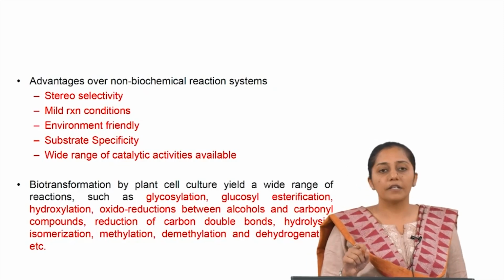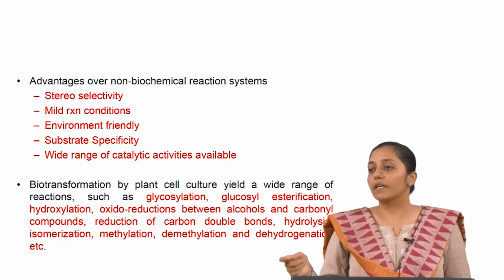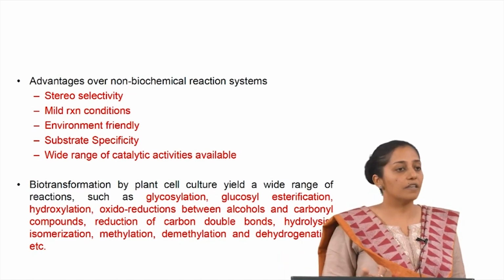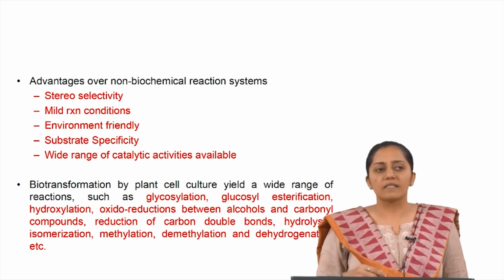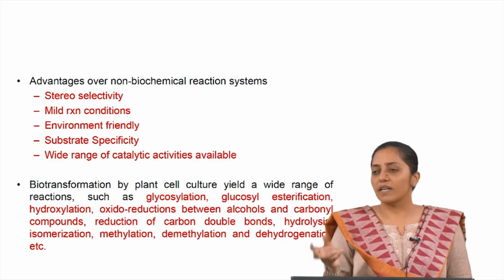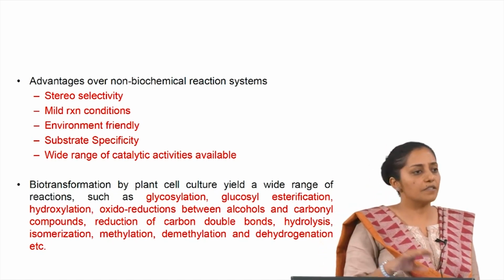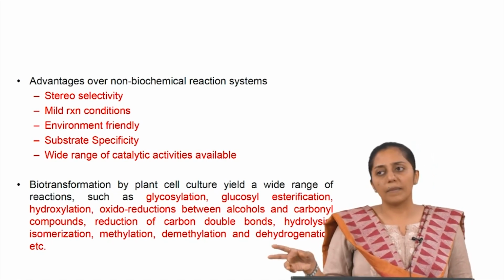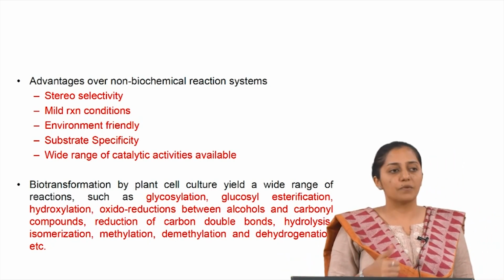Now, what are the advantages of biotransformations over chemical transformations? This you must have already read. Because these are enzymatic reactions, in what way are enzymatic reactions better than chemical reactions? So, high specificity means what?